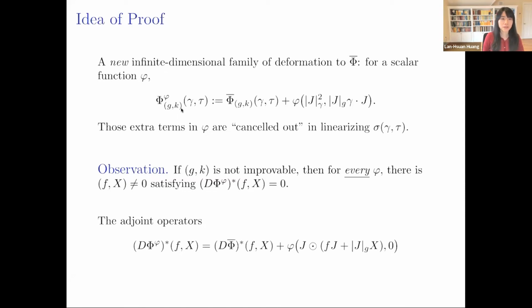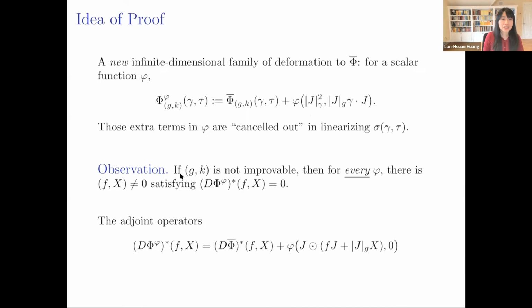So the reason why we can add this and why we need this kind of strange combination is really we want to make these extra terms cancel out when we're looking at the linearization of this dominant energy scalar. So this requires some computation, but it turns out, although we define the operator, it's a vector valued operator, when we compute the thing we want for the scalar function sigma, it turns out this extra term would cancel out.